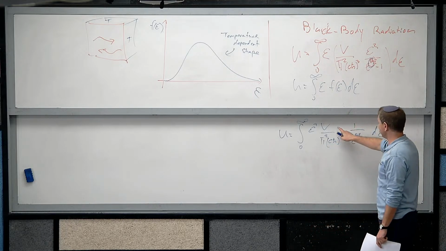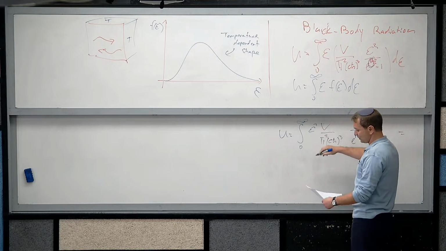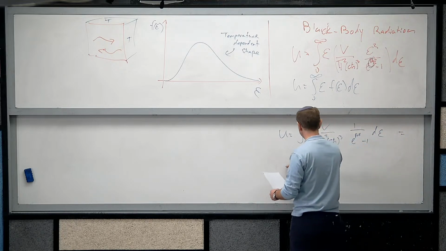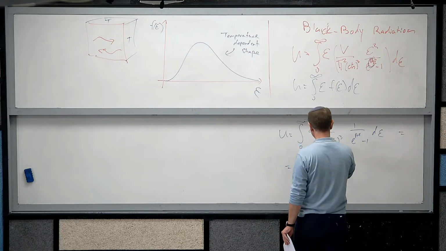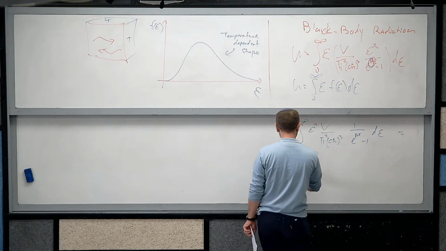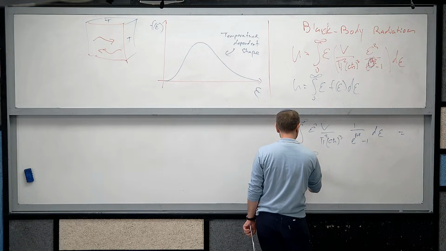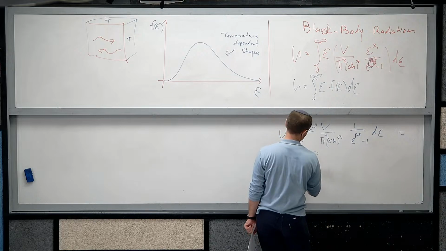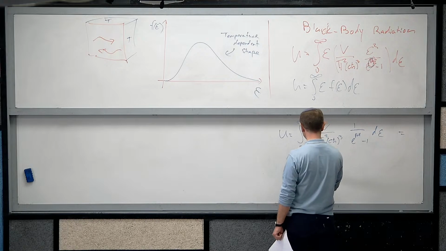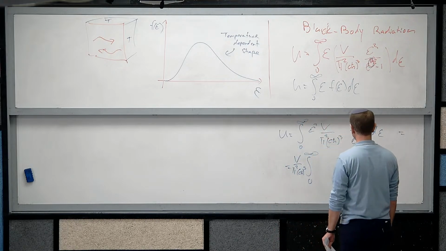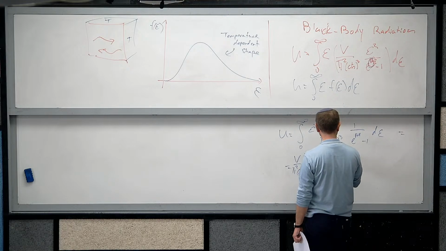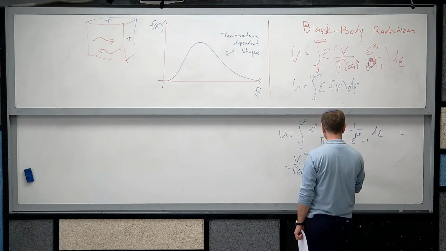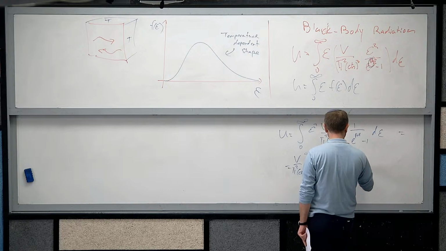Now we can take out all the things that we don't like, which is the volume divided by pi squared c h bar to the third, and inside we have the integral from 0 to infinity of epsilon to the third divided by e to the beta epsilon minus 1, d epsilon.